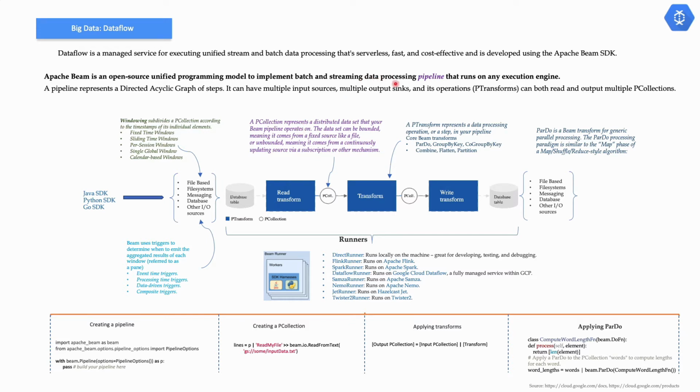So we talked about the data processing pipeline. What is a pipeline? A pipeline represents a directed acyclic graph of steps. A lot of times you will hear the acronym DAGs, and most of the big data native products have a DAG style of processing steps.